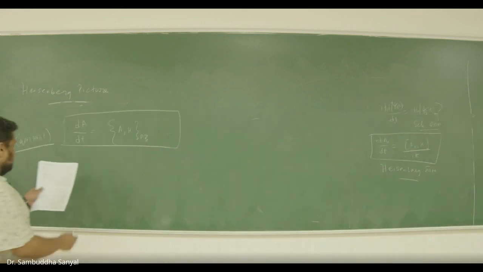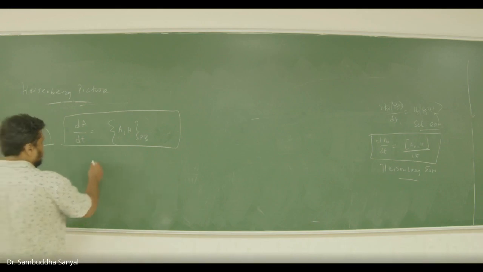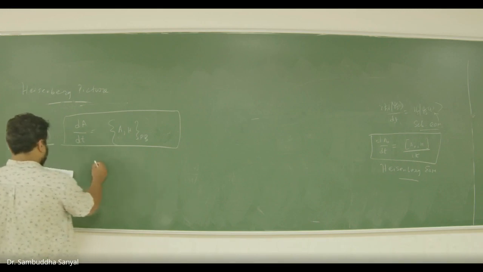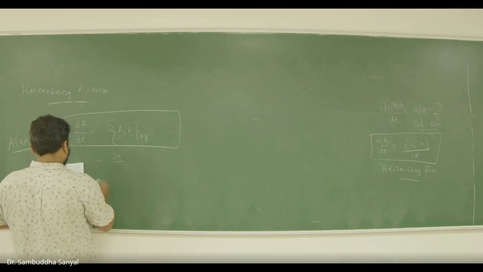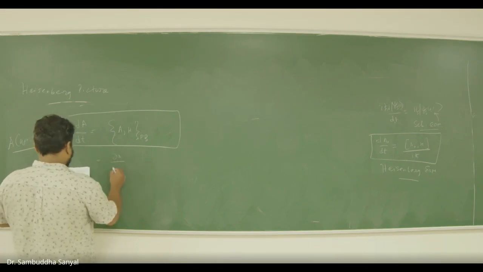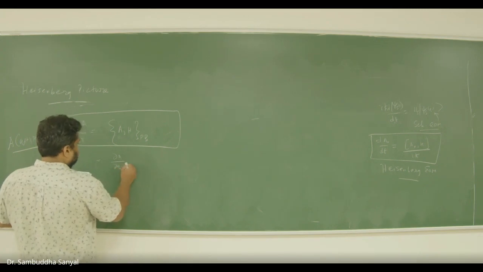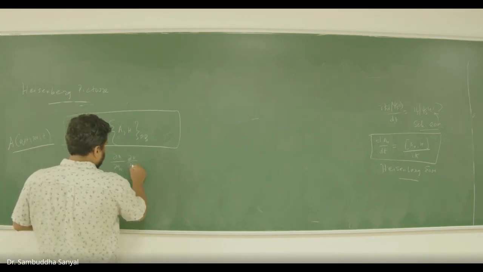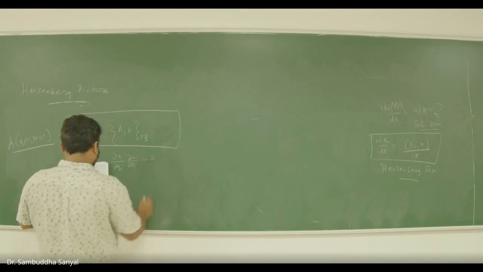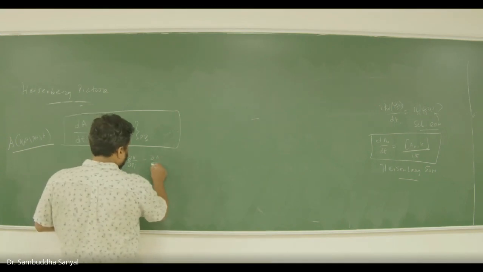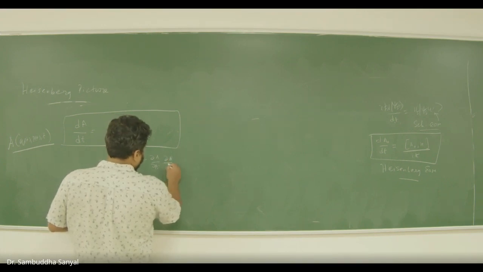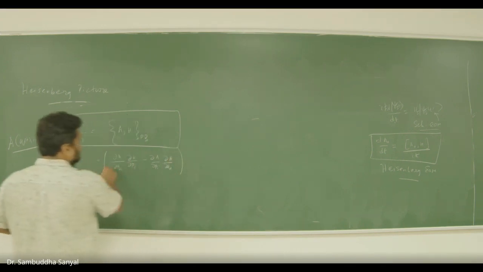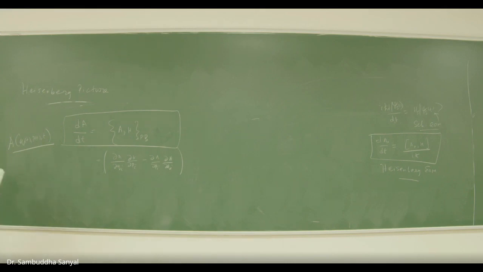So if I want to make a connection, what is this object? This object is nothing but del A del Qi. The Poisson bracket is this, right? This is this object. Okay?